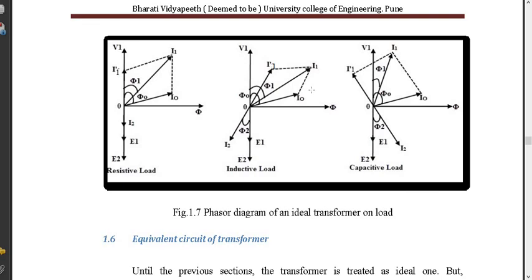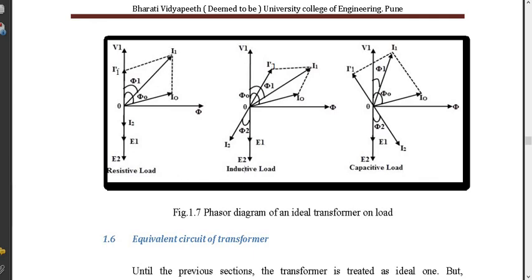When I say resistive load, it means V2 and I2 are in the same phase. So I have drawn I2 in phase with E2. Exactly with the same magnitude but in the opposite direction, it will be I1 dash, and this I1 dash and I0's phasor sum will be I1.